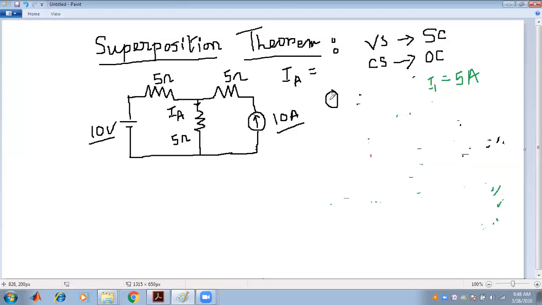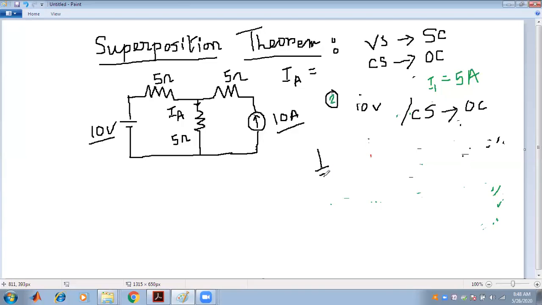So this is step number 2. Here the voltage source, that is the 10 volt source, is activated and the 10 ampere current source will be open circuited. So let us draw the figure.